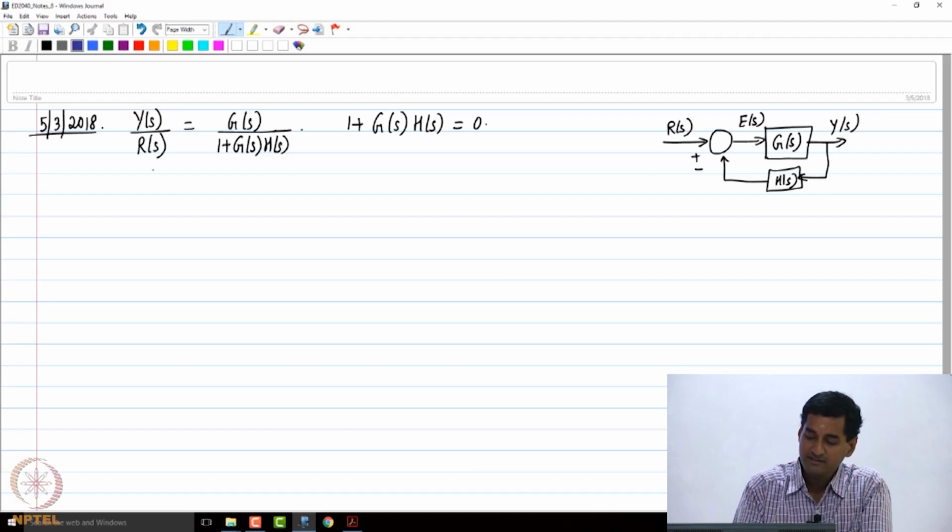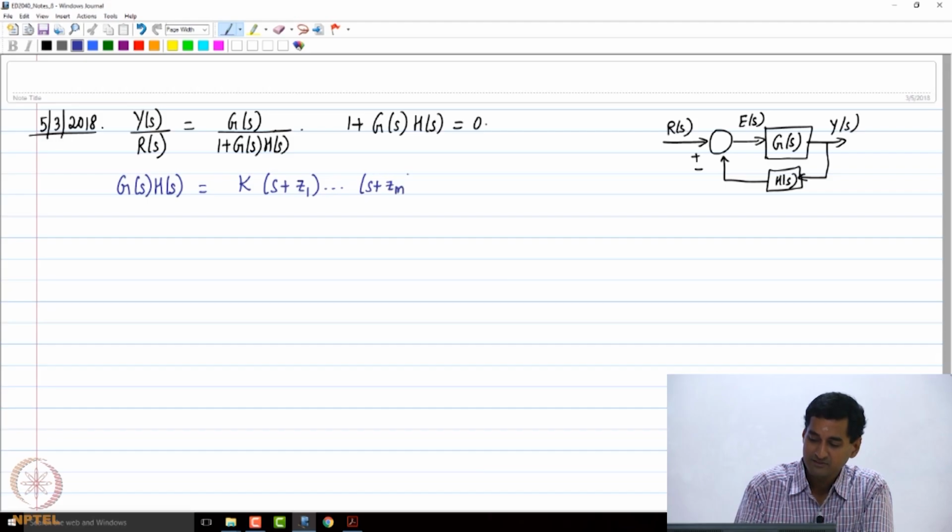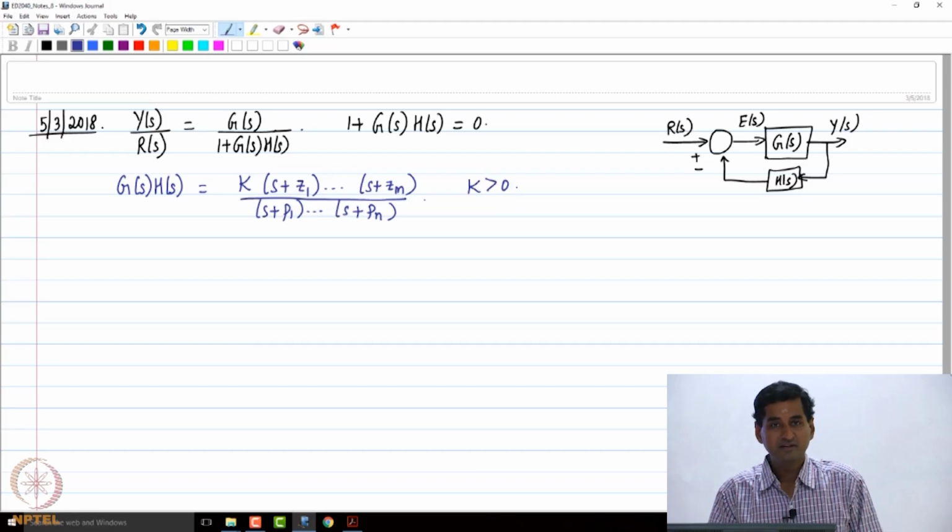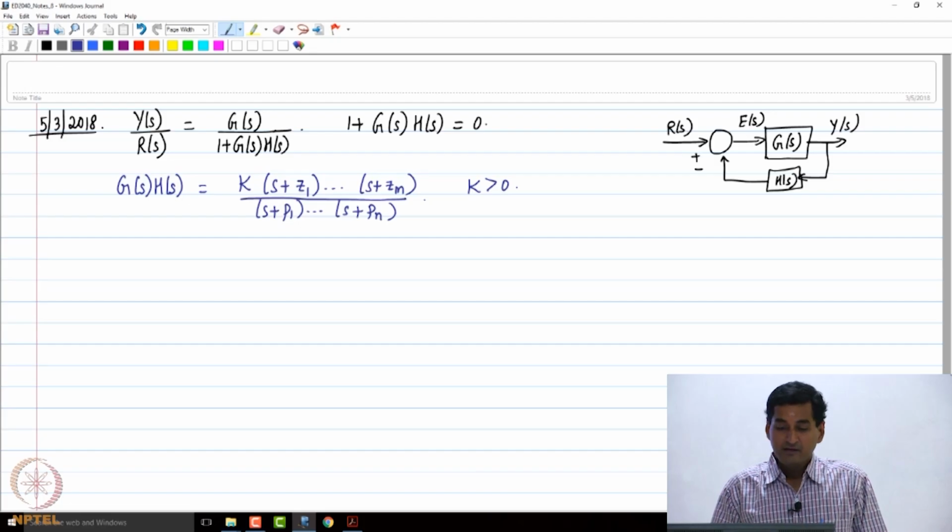We considered the open loop transfer function G of s H of s to be k times s plus z1 all the way till s plus zm, divided by s plus p1 all the way till s plus pn. Of course, first we considered k to be greater than 0.